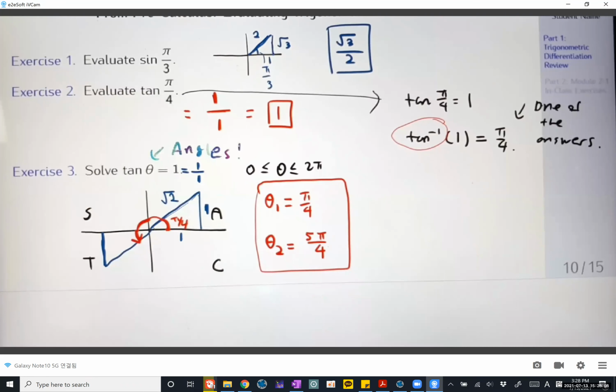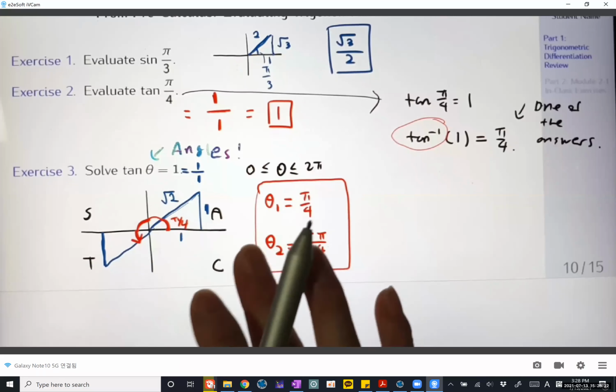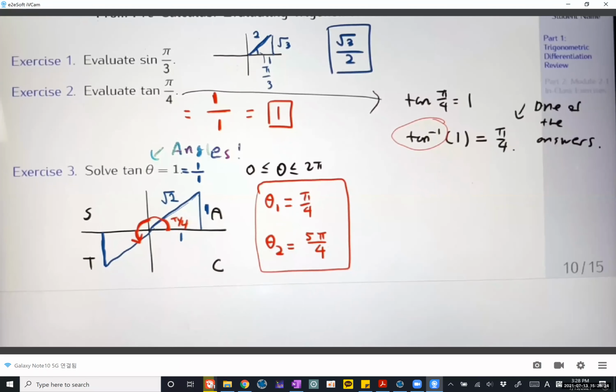So I suggest you use CAST rules with which quadrant is positive and so on, and find out its angles using special triangles if possible. Sometimes there are situations where you cannot use special triangles. In that case, I'll let you know how to do it. You have to use a calculator for that case, but I'll let you know how to do it if you forget. Thank you so much, everyone.